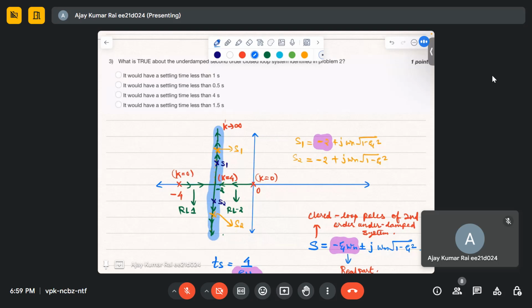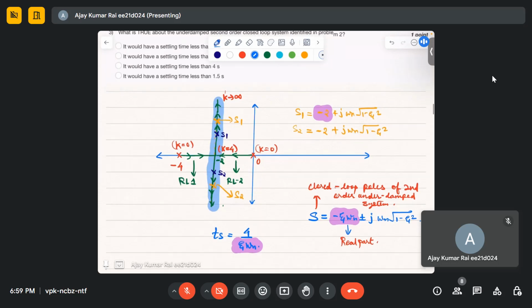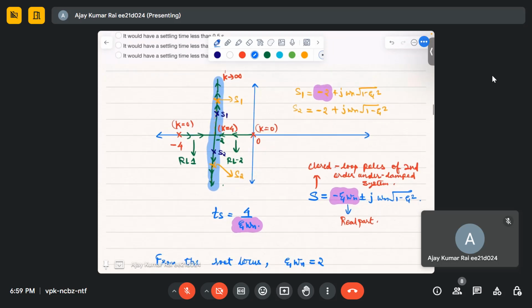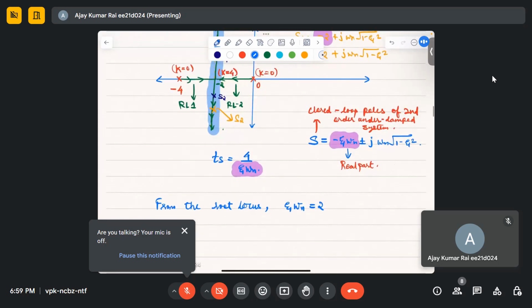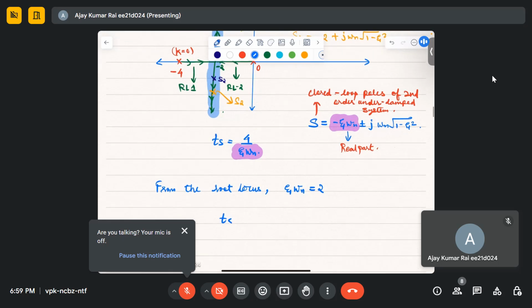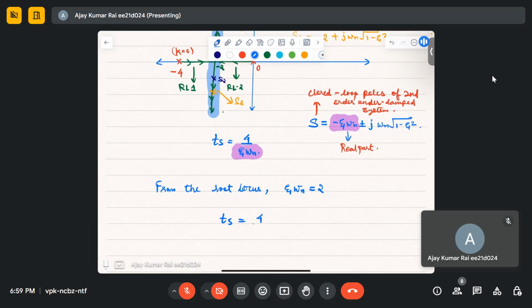I have chosen random s1 and s2; you choose any points, the real part will be minus 2. Equating that minus 2 to minus zeta into omega n, I get zeta into omega n as 2, and I use that to get the settling time, which is 2 seconds.